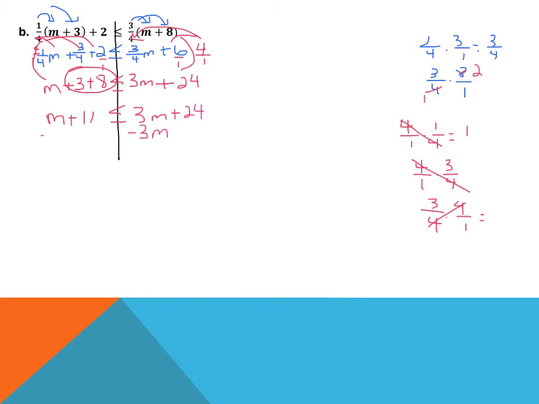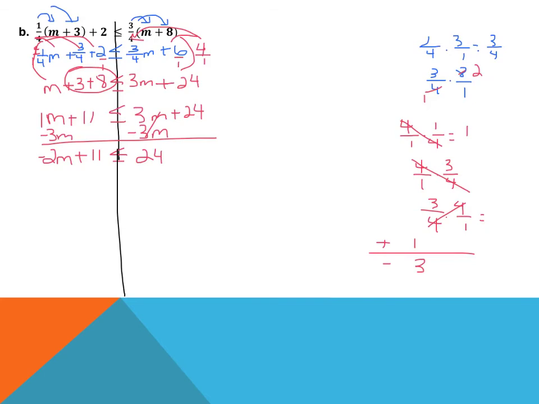Subtract 3m from both sides. Remember, m by itself is a 1m, so I have 1, and negative 3. So 1 minus 3 is negative 2m plus 11 is less than or equal to 24. Subtract 11 from both sides.